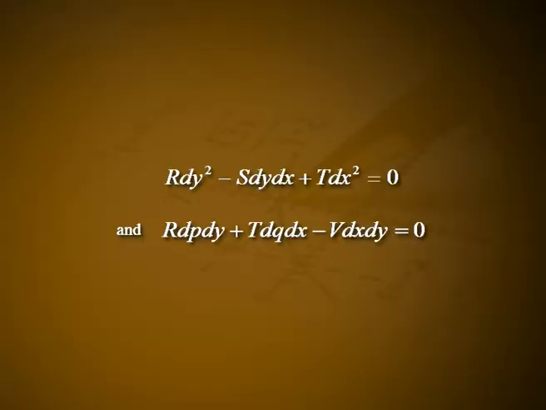Let us consider the equations capital R dy square minus capital S dy dx plus capital T dx square is equal to 0 and capital R dp dy plus capital T dq dx minus capital V dx dy is equal to 0, which are known as Monge's equations.